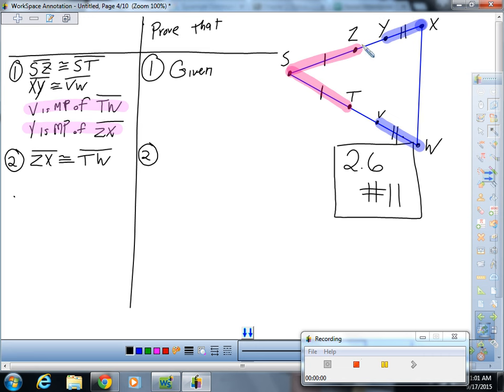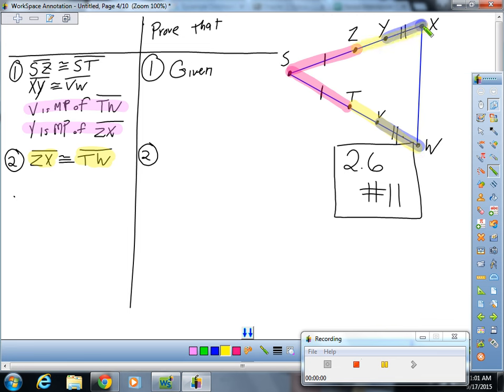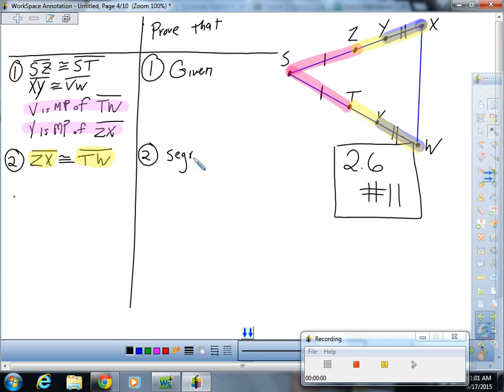So, another way to put this is that we've gone from two small congruent segments to, let's use a highlighter here, two big congruent segments, and so since we've gotten bigger, this is segments multiplication theorem.